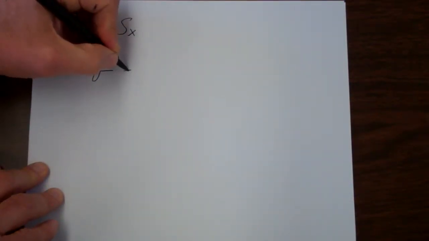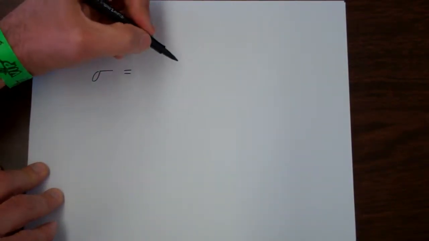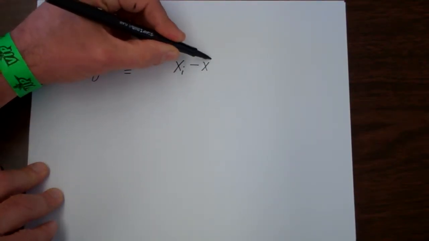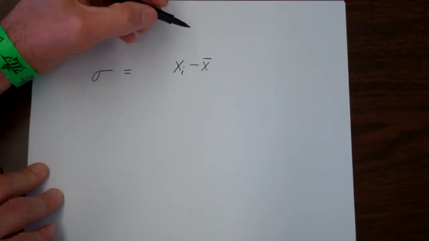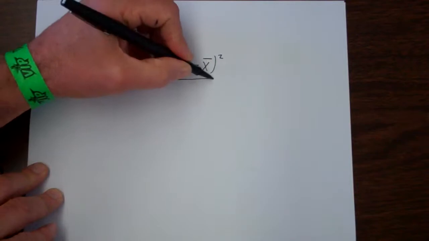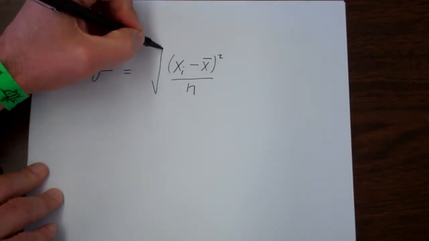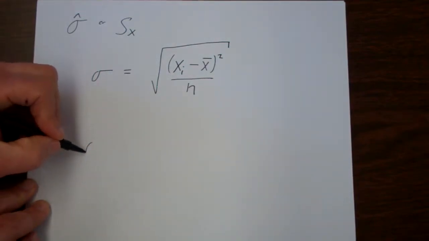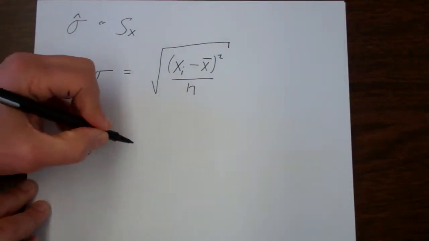Well, sigma, the standard deviation, is defined as this: you take x_i minus x bar, square it, divide by the sample size, and take the square root. The only difference with sigma hat is what you divide by.